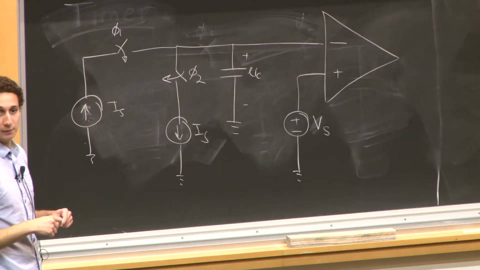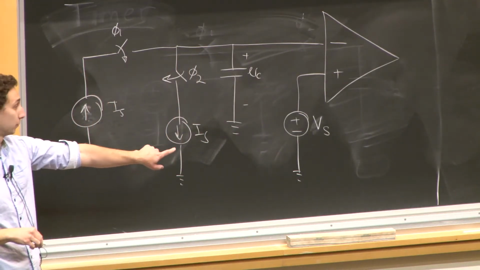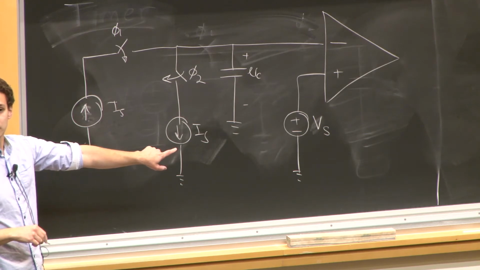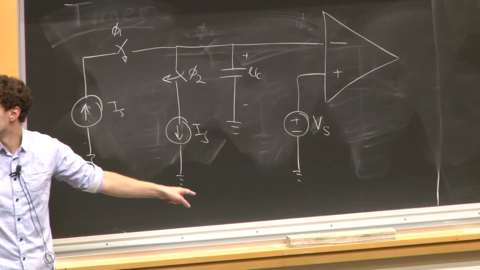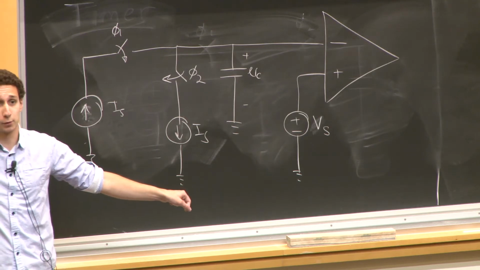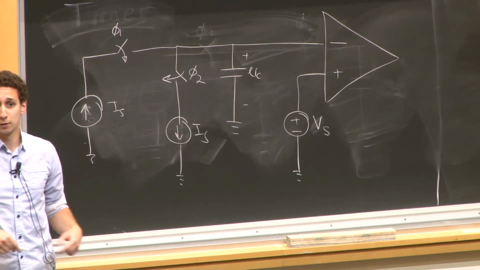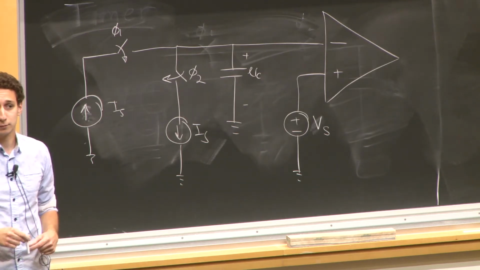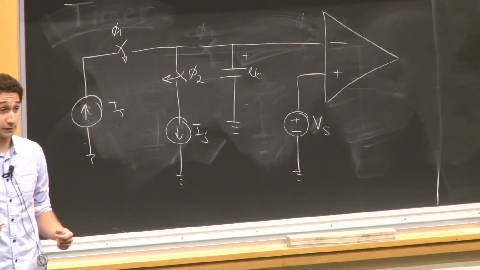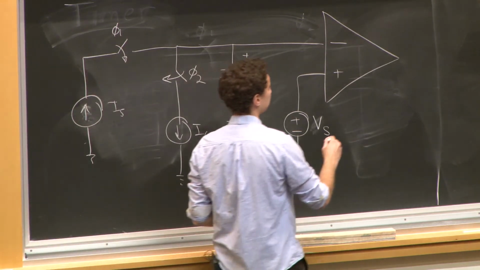So here's our capacitor, right? Now where do I want to place this voltage? What voltage do I want to choose to make this triangular waveform turn into a square waveform? 0. Okay, so that's one suggestion. What's going to happen if this voltage is 0?